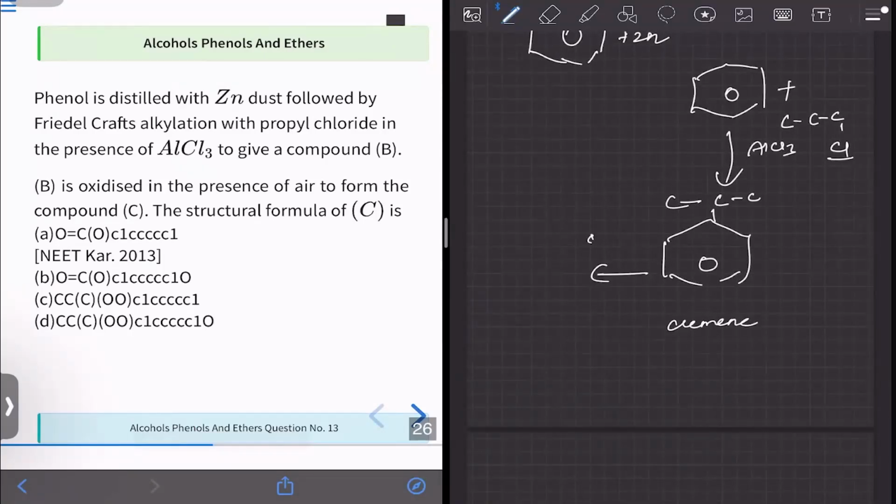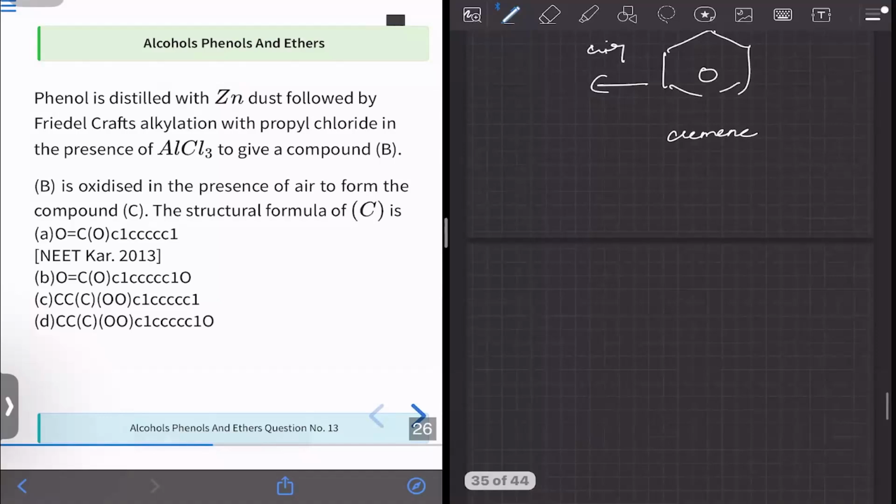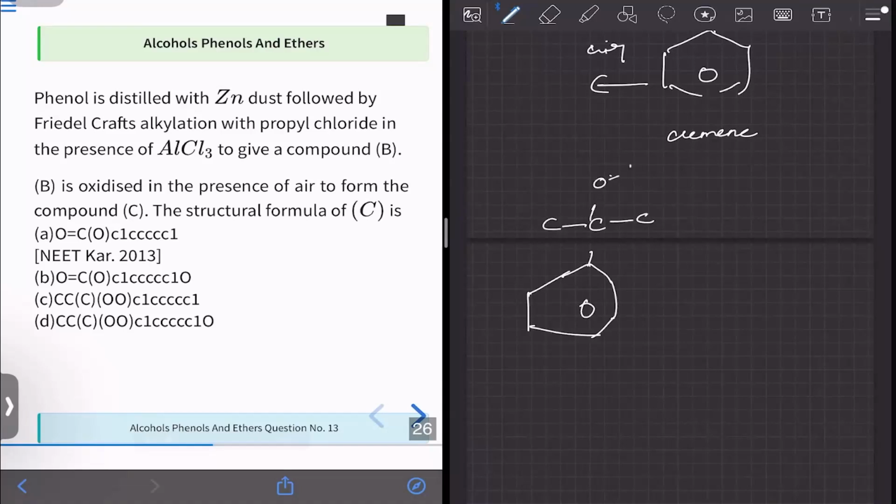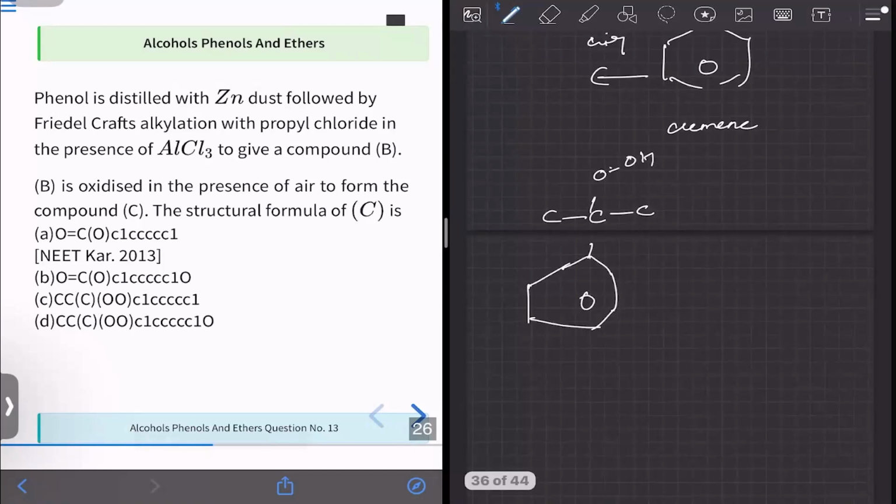Whenever it is oxidized in presence of air, it produces OOH. It produces cumene hydroperoxide.